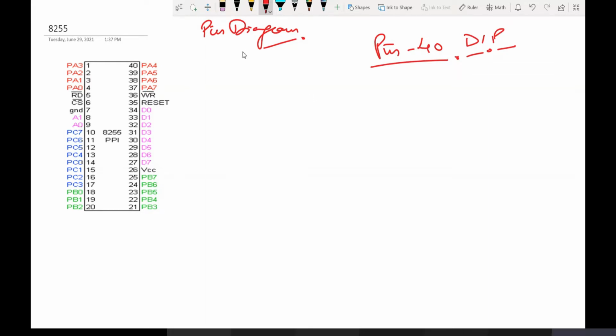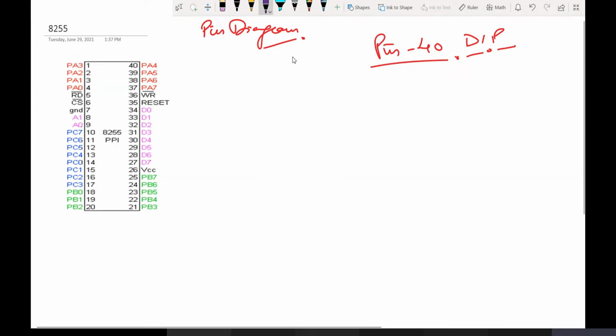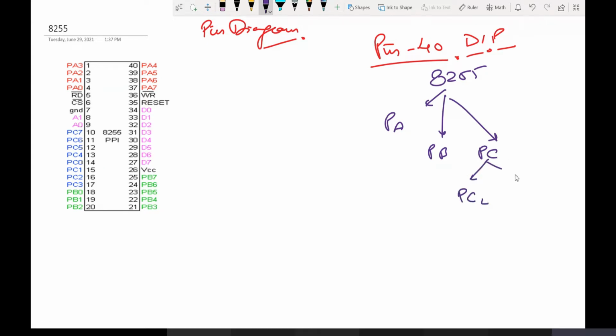If you want to draw this particular pin diagram, let me tell you the tricks, because there are so many pin diagrams you need to remember. Look, I've used colors also in order to identify different sections of this. What we are studying in 8255 is it contains 3 ports: port A, port B, and port C. Port C is further divided in 2 parts: port C lower and port C upper.